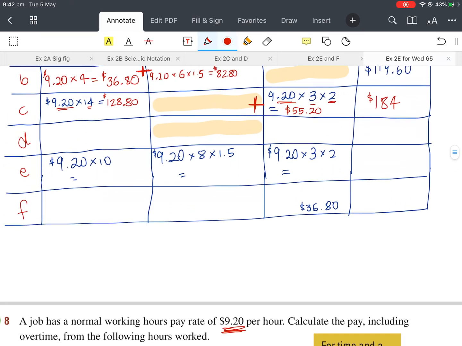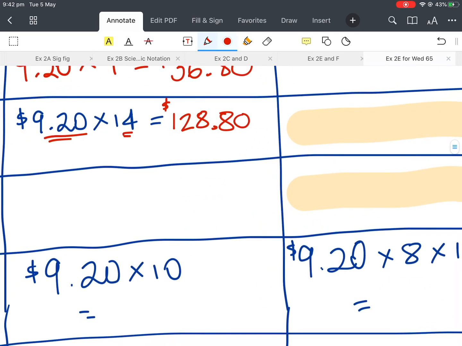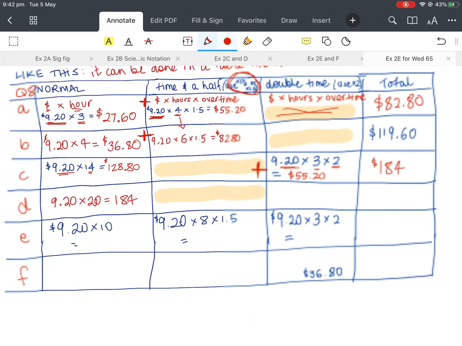All right, hopefully you're back now. 20 hours at the normal rate means I have to go, normal rate is $9.20 times 20 hours. Can't remember the other one, so let's calculate this on our calculator. 9.20 times 20. Do that on your calculator. Hopefully you got 184.